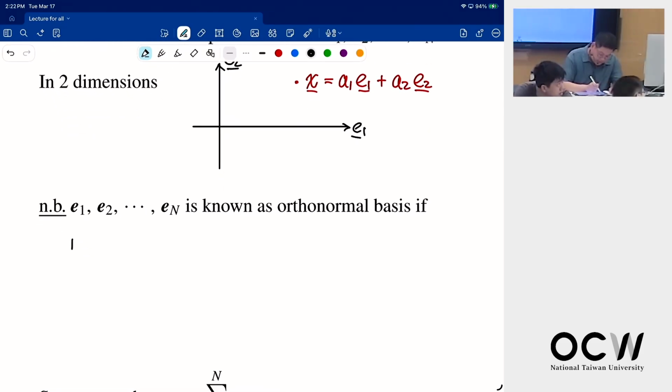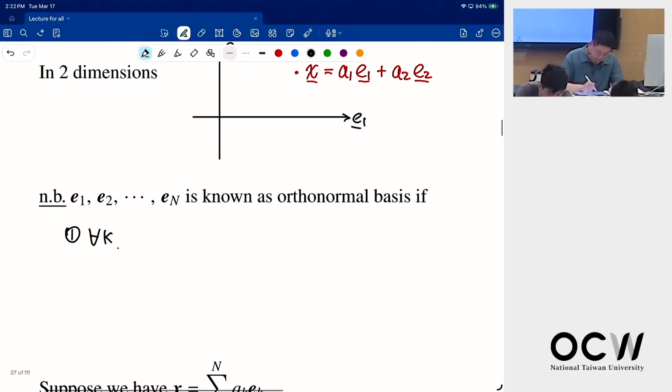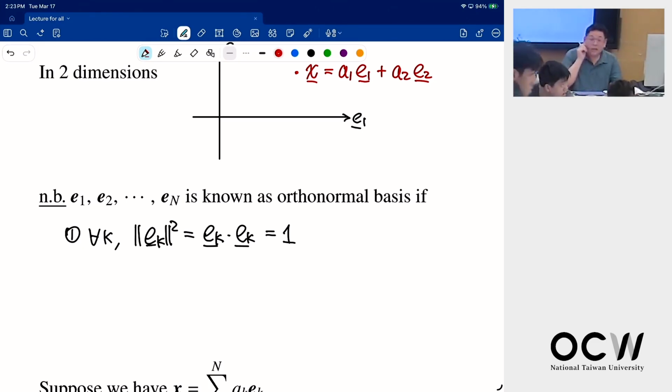So for all k, the norm square, which is ek inner product ek, should be 1. So the norm square is 1. That means they are normal.